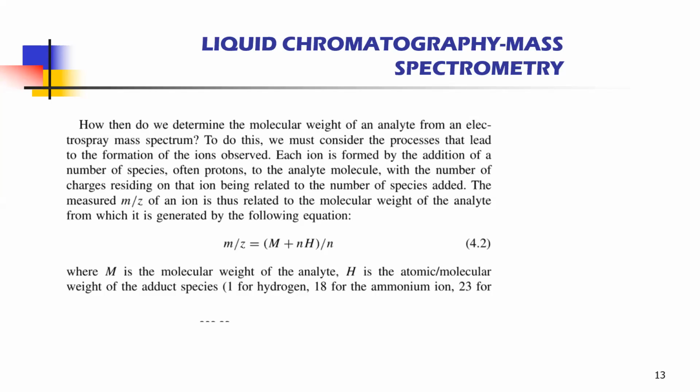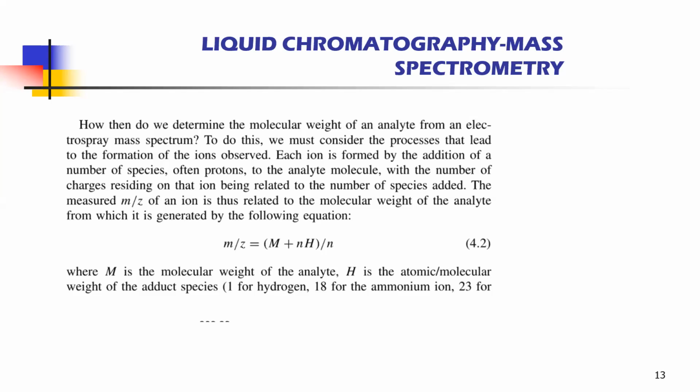Each ion is formed by the addition of a number of species, often protons, to the analyte molecule, with the number of charges residing on that ion being related to the number of species added. Obviously, one proton, one charge, two protons, two charges. Like that, we are going to have mass to charge data that will be related.